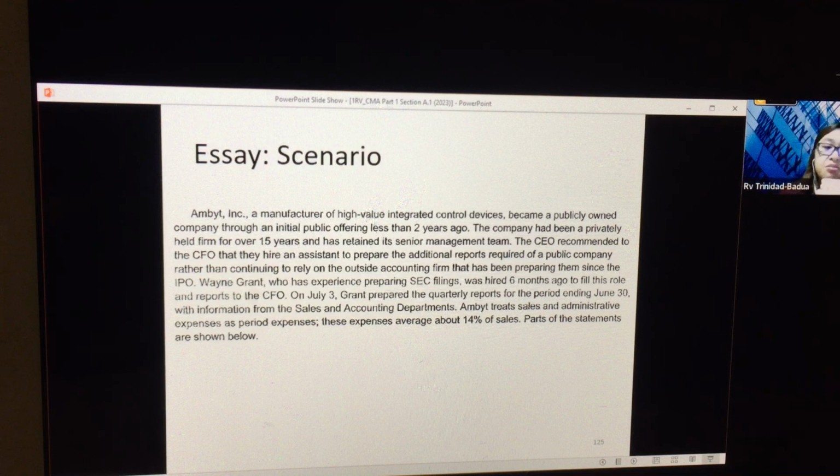So we are also given parts of the statement. May copy ba kayo dito? Do you need time to take this down? Or are we good? Okay.